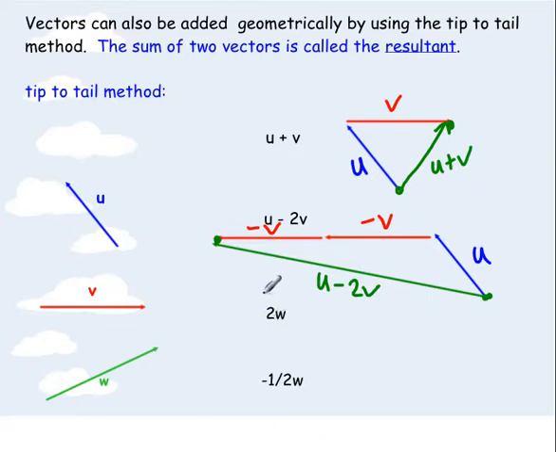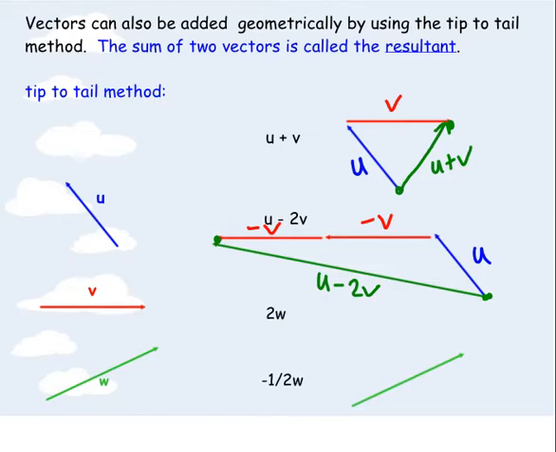Okay, so if I had 2w, for example, I would just take vector w and then add another one on, so I have 2 of them going in the same direction. If I had -1/2 w, that would mean that I would need to go in the opposite direction and only halfway.